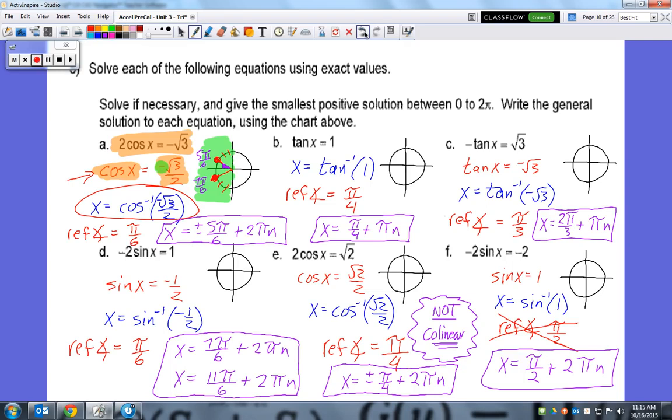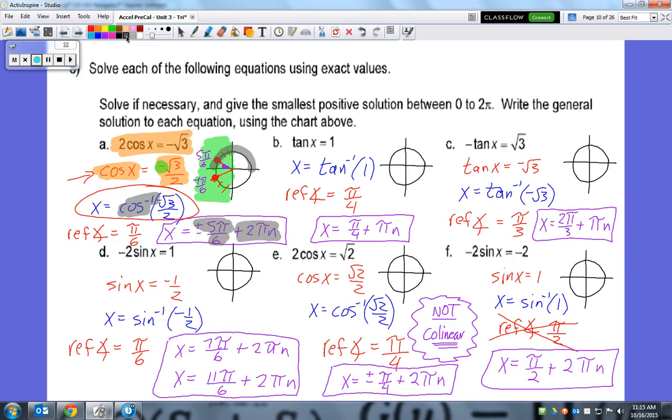Okay, and you have to use one of these that falls into the restricted domain of cosine, which is 0 to pi. 0 to pi is that restricted domain of arc cosine. That's why I'm going to use this 5 pi over 6. And I'm going to use a positive. And I can say it's going to be plus 2 pi n.